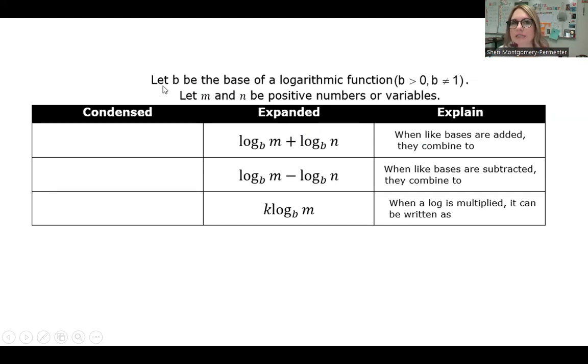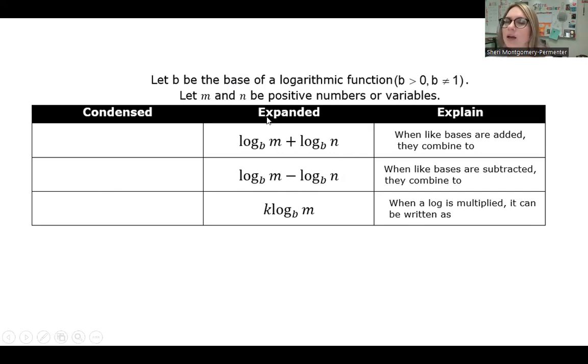At the top, it says let b be the base of a logarithmic function. b is going to be bigger than 0 but not equal to 1. Let m and n be positive numbers or variables. What we're going to do is expand or condense these, and that's all you're doing; you're not solving anything.